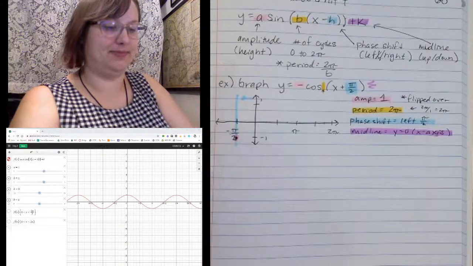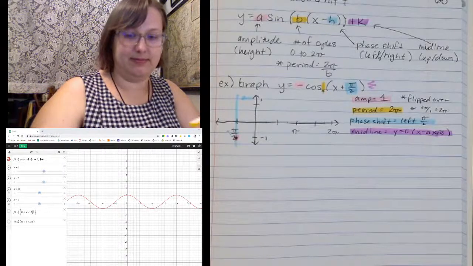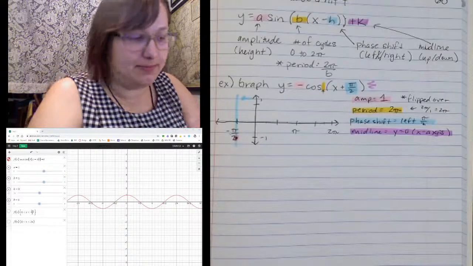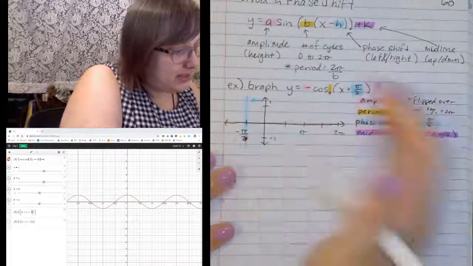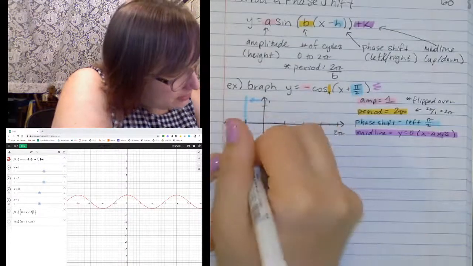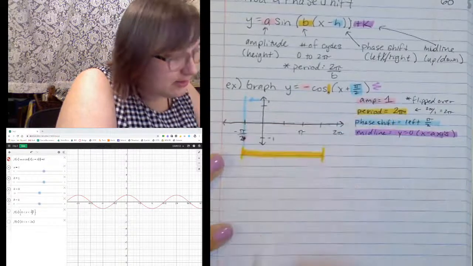Now, this goes for 2 pi, but I'm not going until 2 pi because it's shifted. So my period length, bottom to bottom in this case, goes for 2 pi long, which is that length.